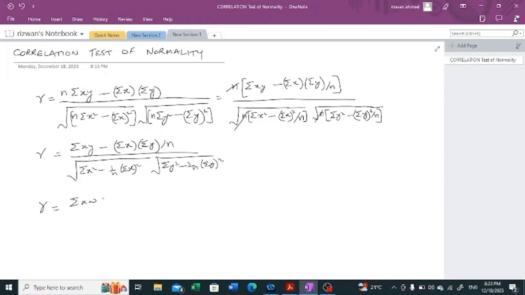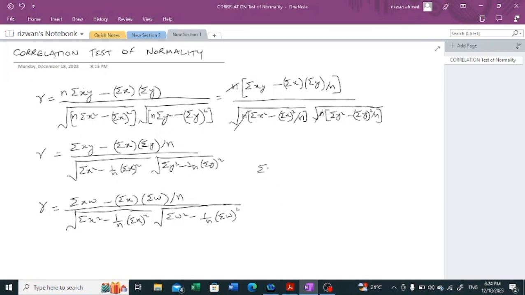So instead of y, we write down W. Here as well, summation W divided by N, summation x squared minus 1 upon N times summation x whole square, summation W squared minus 1 upon N times summation W whole square.